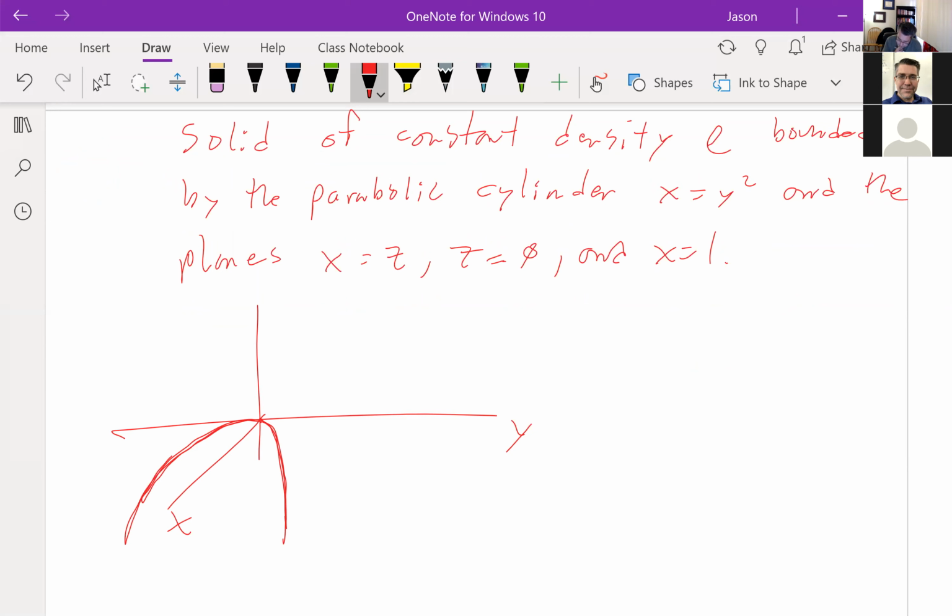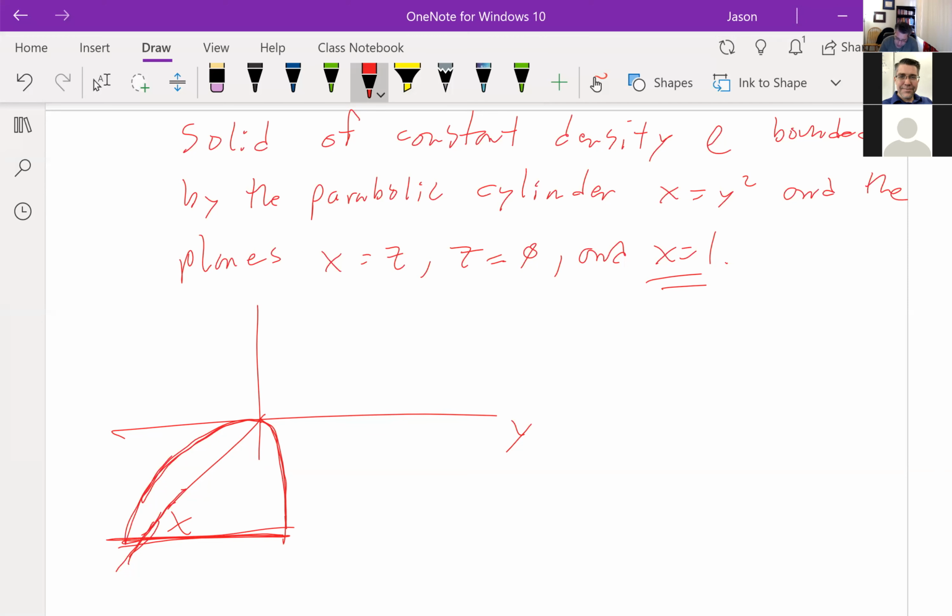So that's nice. And then it goes where? It goes out to x equals 1. So it's bounded by this plane, x equals 1. It's bounded by the plane z equals 0, so that's the bottom. Bounded by this cylinder and the plane x equals z.